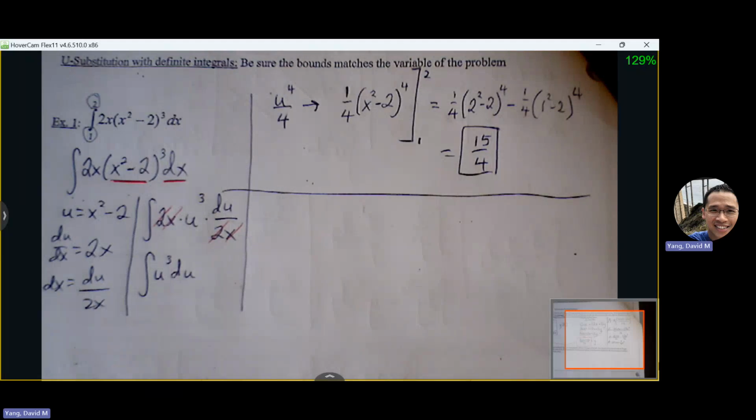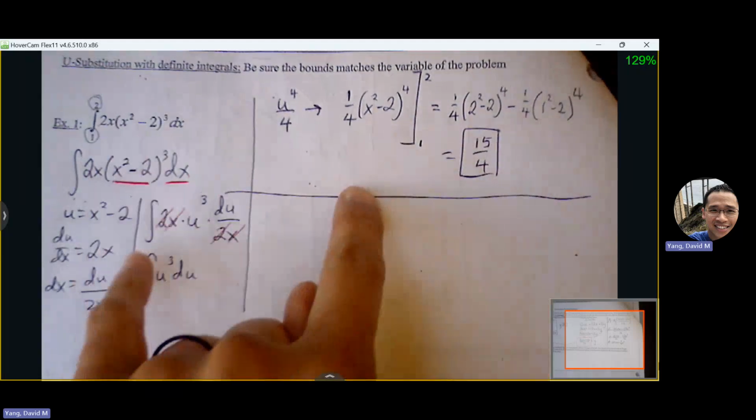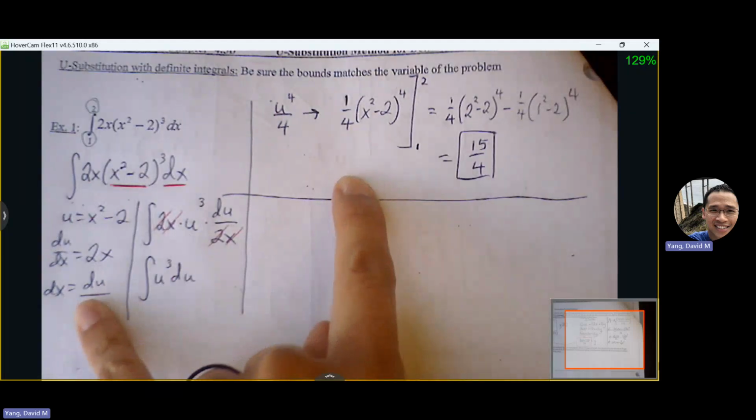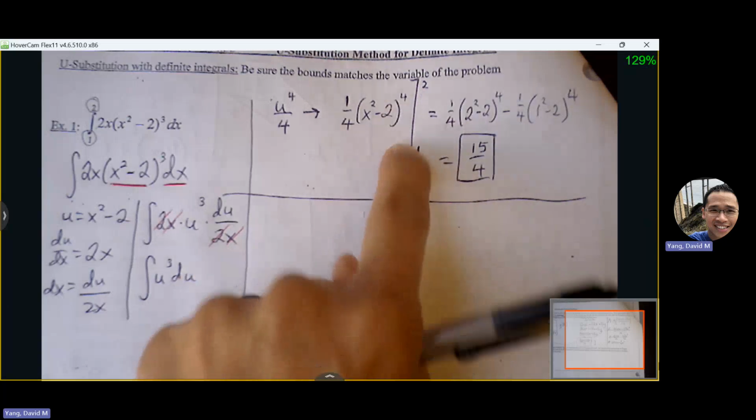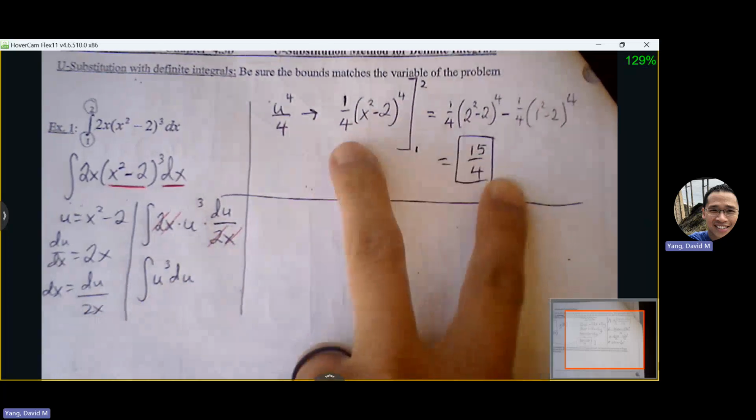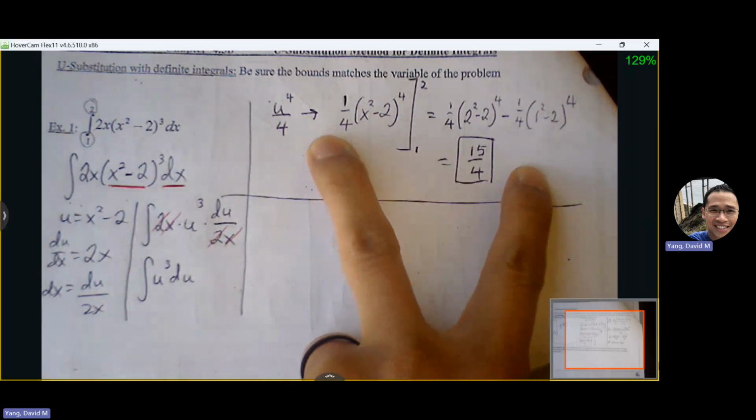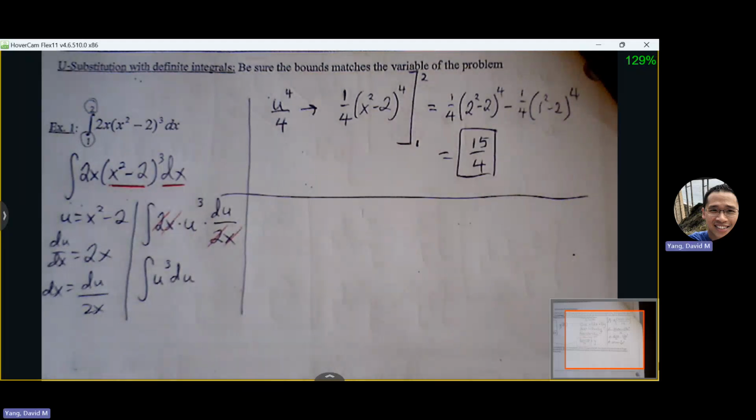I want to show you one way of doing this. There's two ways of working the bounds into a u substitution problem, and this is the way that I prefer, because we're going to end up with x's, so bring everything back in terms of x, and then just use the original bounds.